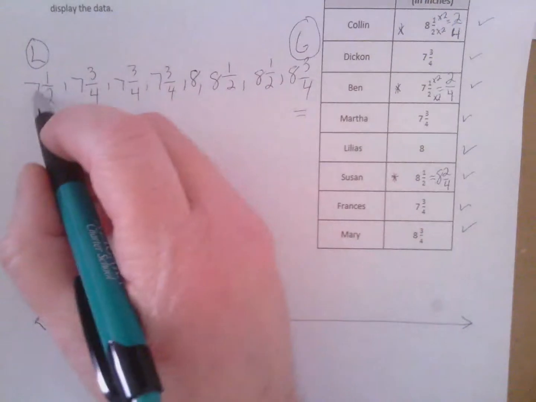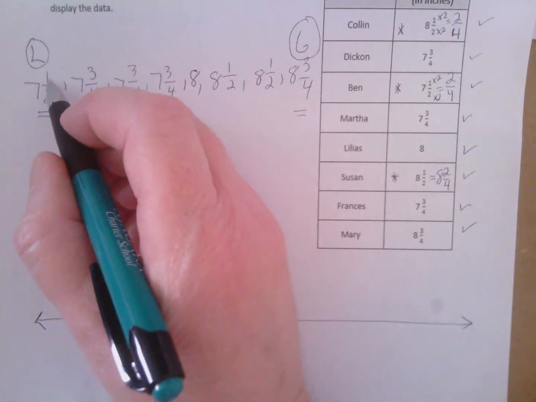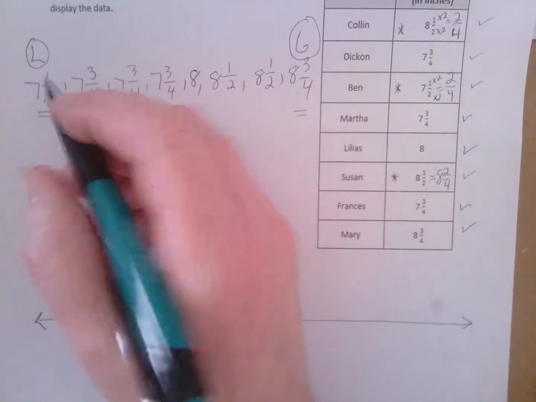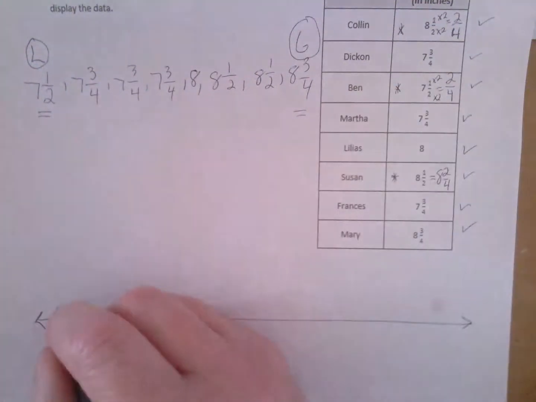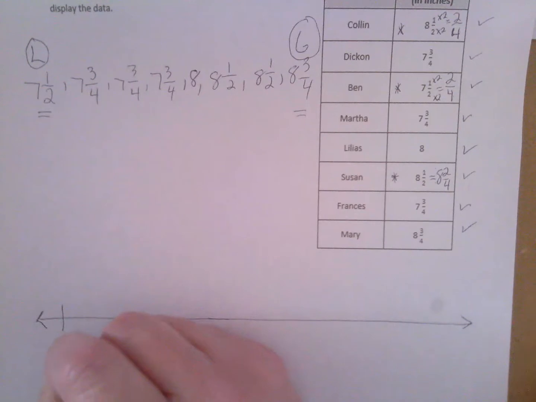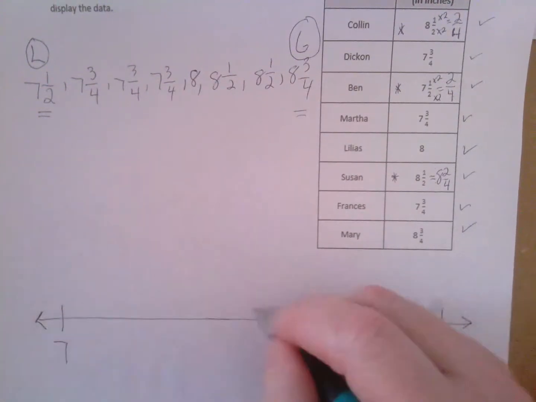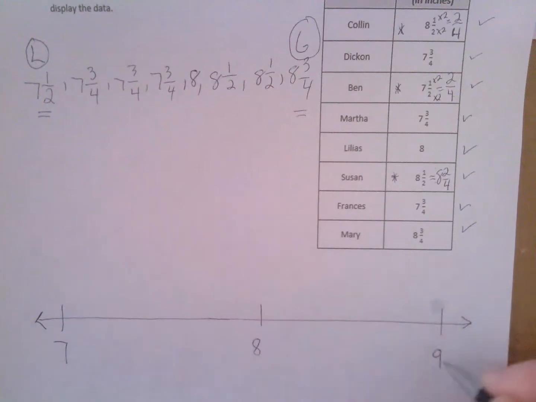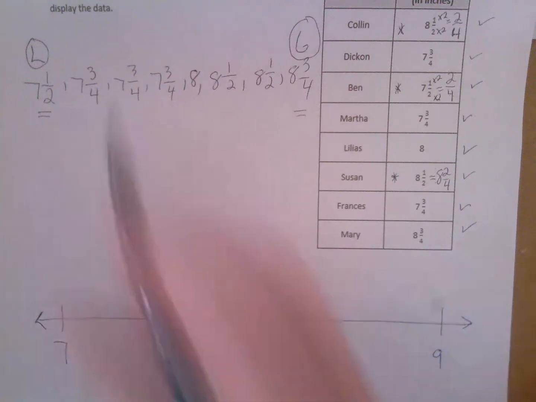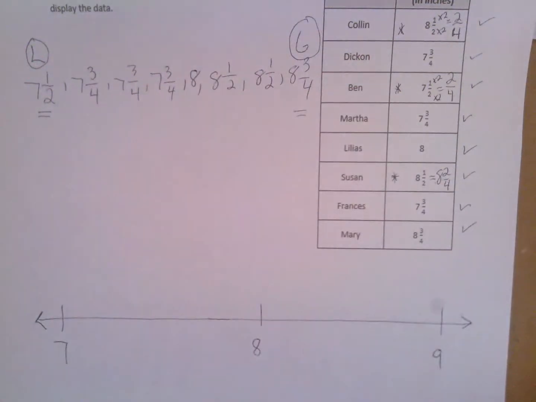So since 7.5 is the smallest and 8 3/4 is the largest, I'm going to use the endpoints 7 and 9. So we have 7, 8, and 9. Those are the numbers that I'm going to put on my line plot, and those would include all of the data points that I have.